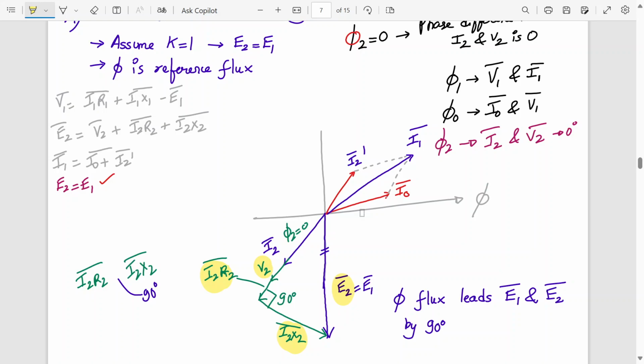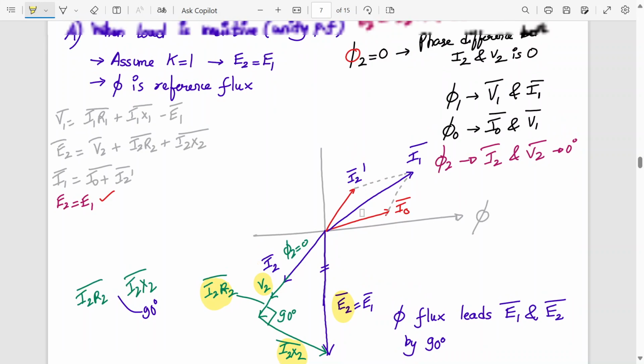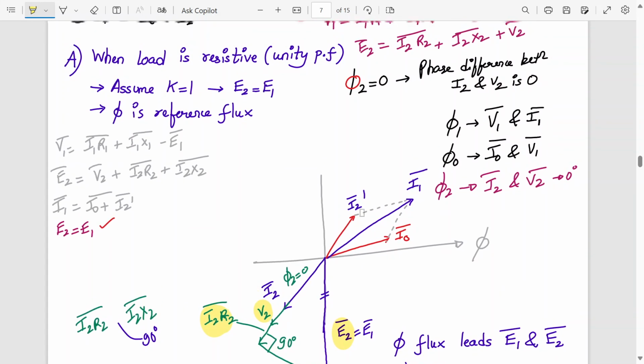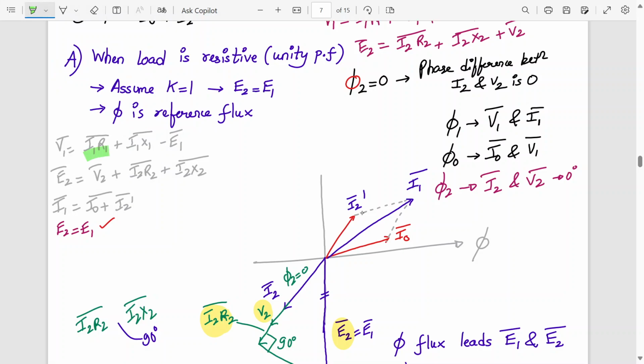Now we have to draw the opposite, V1, above E1. V1 also will be a sum of three things: I1 R1, I1 X1 and minus E1. How to draw it ahead?